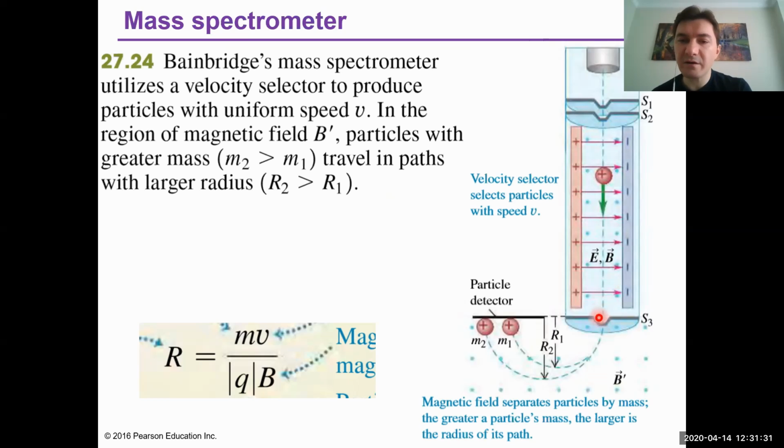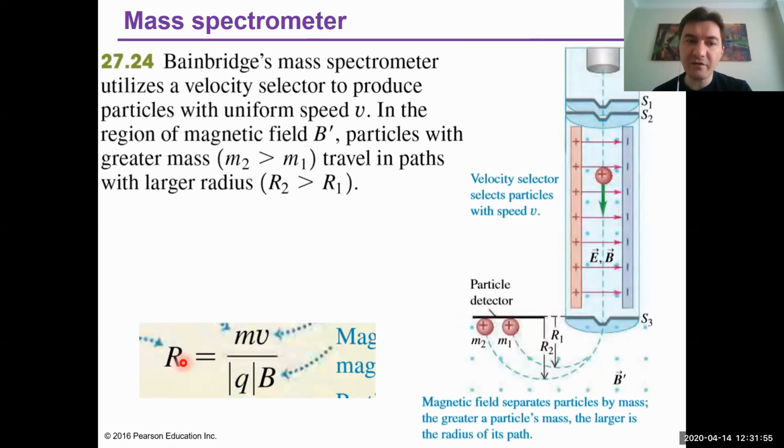Depending on their mass, they will be deflected with some certain radius, okay? And then they hit the particle detector here. Here we have a detector. So they will be deflected like this. Since they are positively charged, they will be deflected with some certain radius due to the magnetic field.